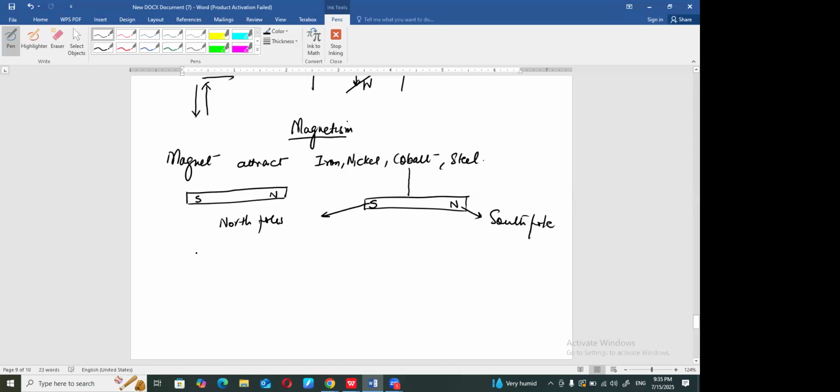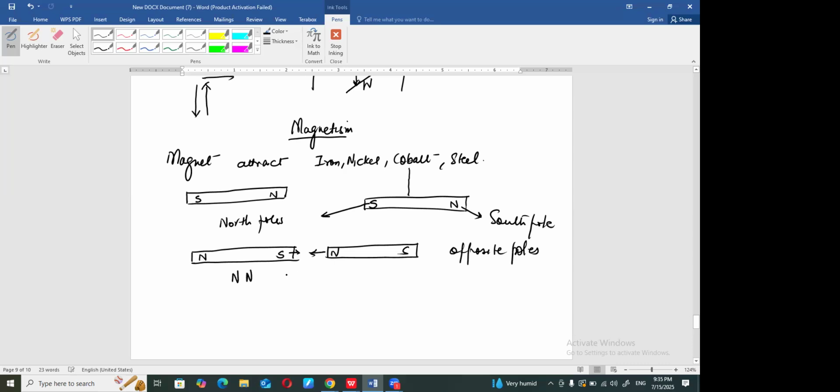Now, once you have those south and north poles, what exactly will be the situation? You got a north pole and you got a south pole. Now, if you bring another magnet near to that, the interesting fact we have noticed is that two opposite poles attract each other. Like north and south, they will attract each other.